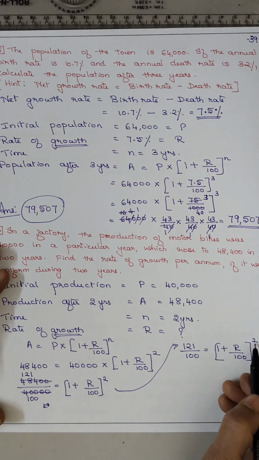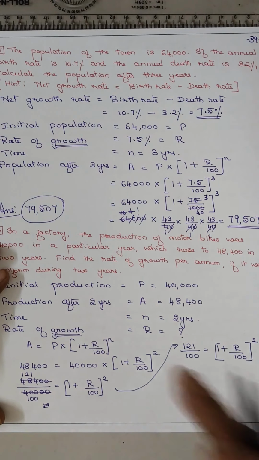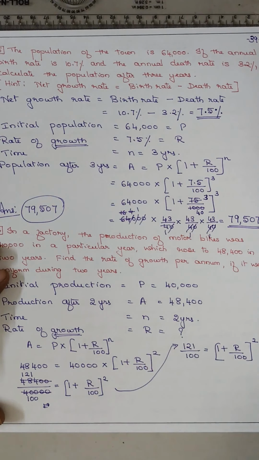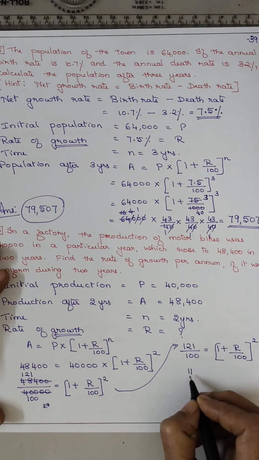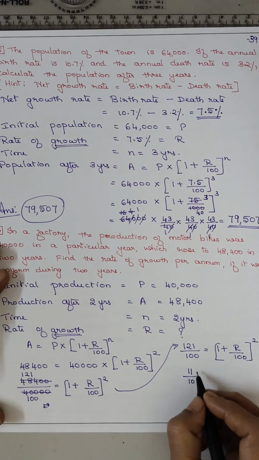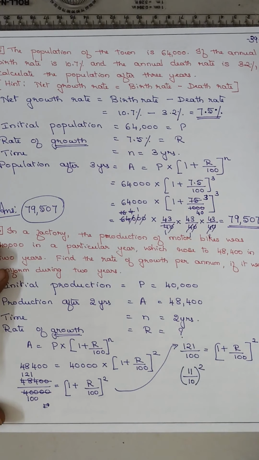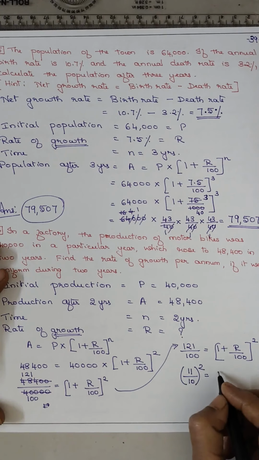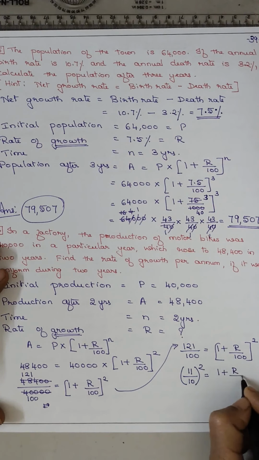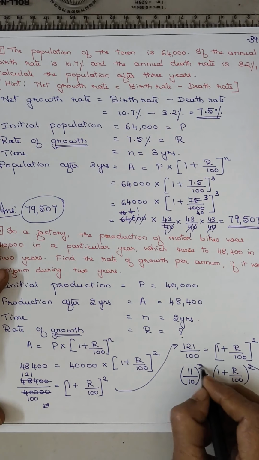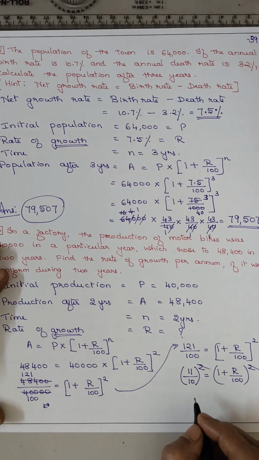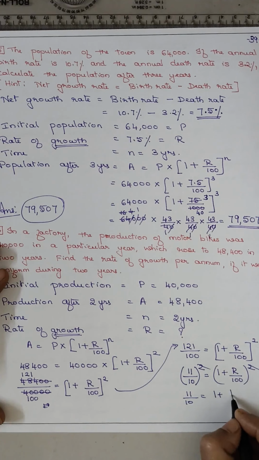Now the power is 2 on the right side, तो लेफ्ट साइड में भी पावर 2 बनाओ. अभी 121 किसका स्क्वायर है? 11 और 100 10 का. So 11 upon 10 the whole square is equal to 1 plus r upon 100 the whole square. This square and square get cancelled, so it becomes 11 upon 10 is equal to 1 plus r upon 100.